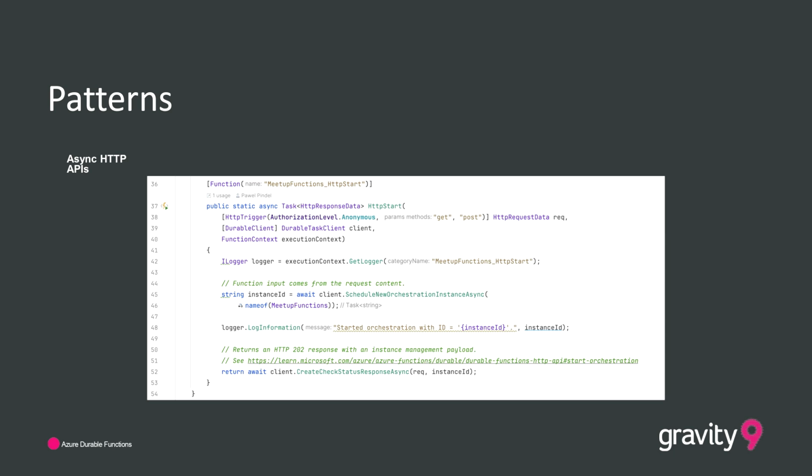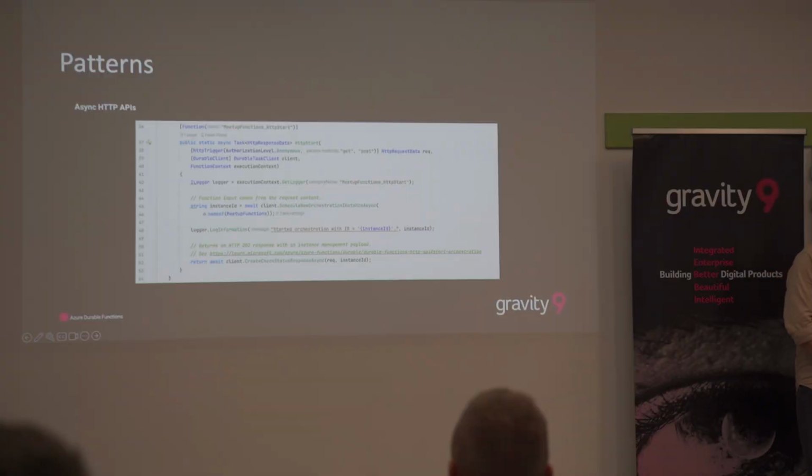It contains a durable task client that runs our orchestration instance and returns you CreateCheckStatusResponseAsync. This returns the whole JSON with different actions, one of them being to get the status.